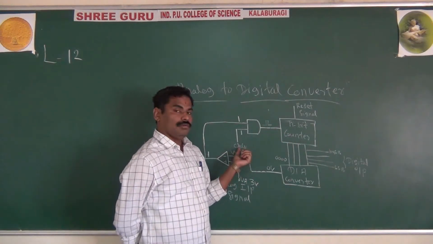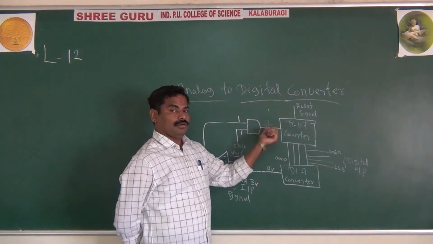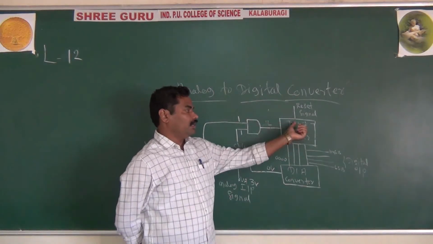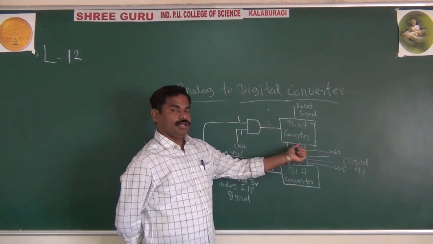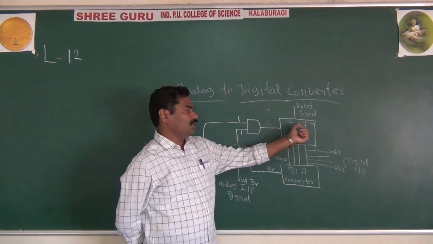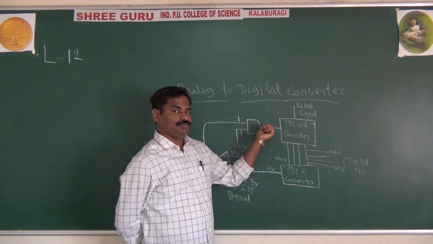The clock generator gives you the clock pulses. These clock pulses enter the n-bit counter, and the n-bit counter counts these clock pulses.